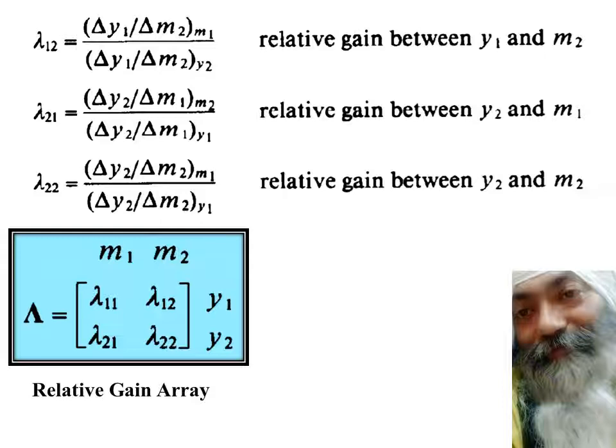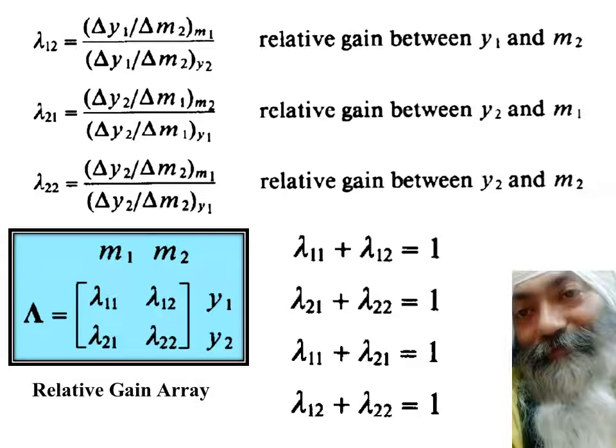But then friends, there is a very interesting property of this relative gain array, and that is that the sum of all the rows and the sum of all the columns is always equal to 1. Sum of this row, sum of this row, and then sum of this column, and then finally sum of this column.